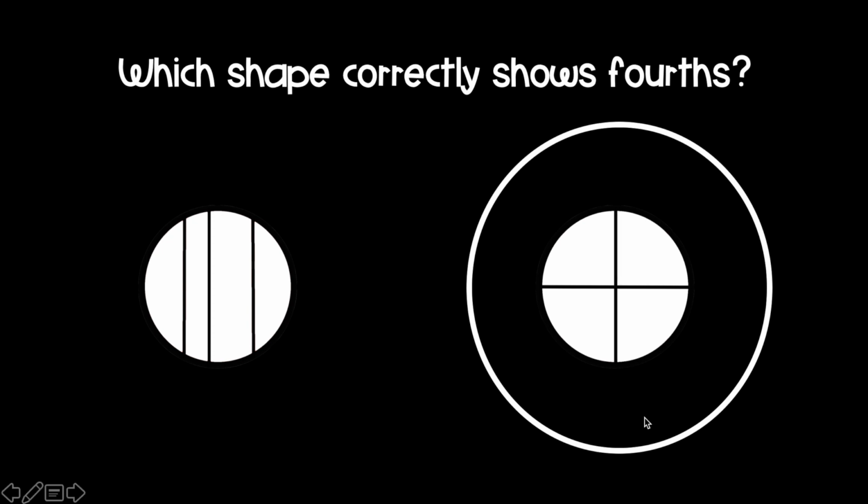This one shows fourths correctly because there are 4 equal parts. 1, 2, 3, 4. While this one shows equal parts, you can tell that this piece is a lot bigger than this piece. And so that is incorrect. That is not the way we show fourths on a circle.